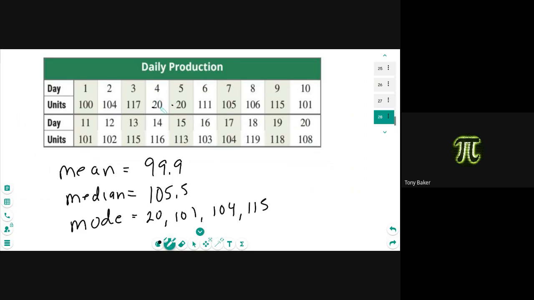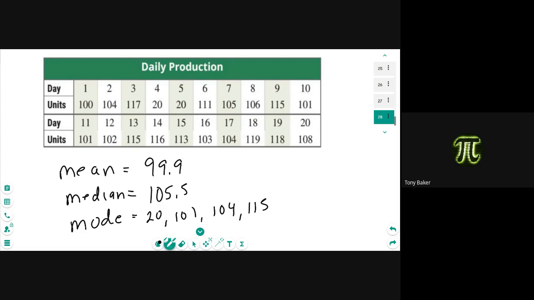So let's see. 1, 2, 3, 4, 5, 6, 7, 8, 9, 10. So yeah, it'd be 101, 105, and 106. All right. So yes, 105.5.